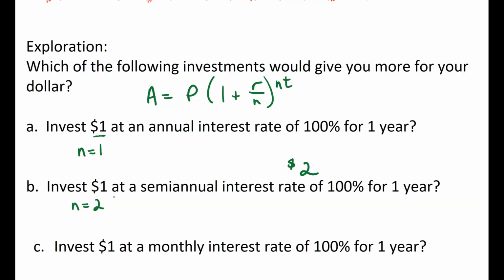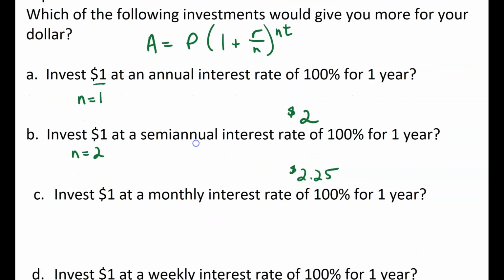It's not 4. $2.25. Okay. So again, same amount of money, same amount of time, same interest rate. What's the only thing that changed? Yeah, the number of times we compounded.